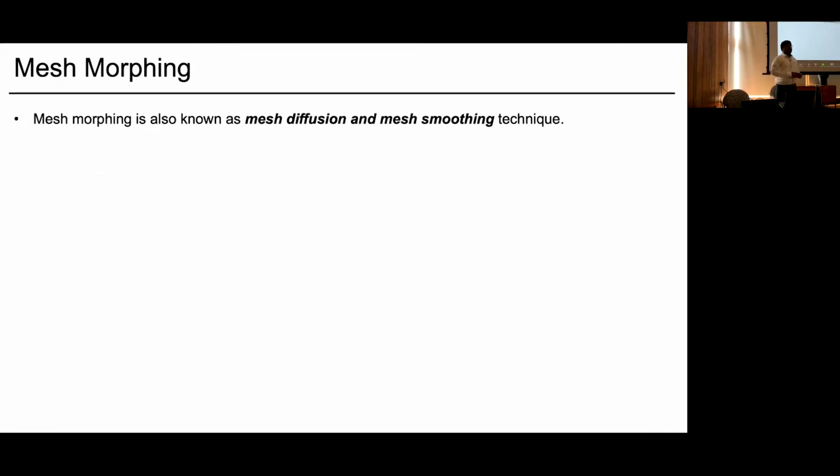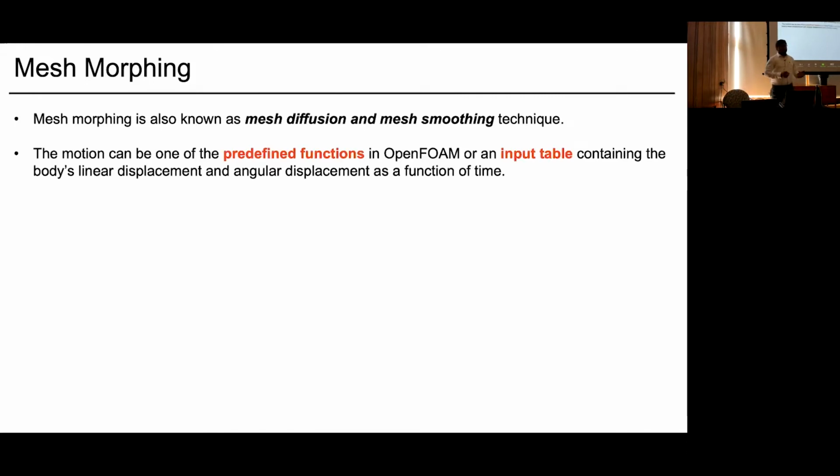This mesh morphing is also known as mesh diffusion and mesh smoothing techniques. As I said, I will show you two examples in a while. For the first class of problem, we move the body and the mesh with some predefined function, so it's a prescribed body motion.